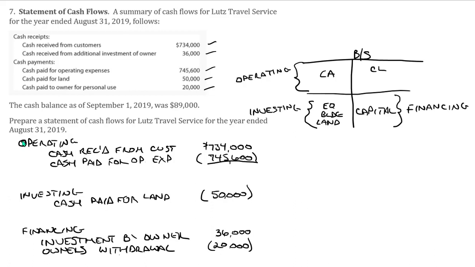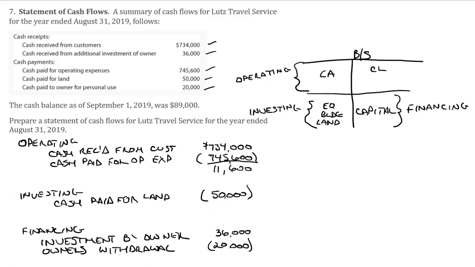So cash from operating activities was $734,000 minus $745,600. So they lost $11,600.